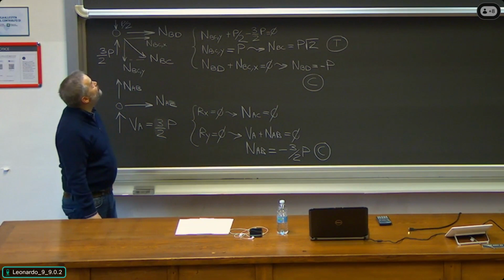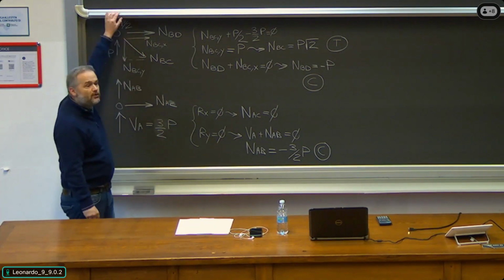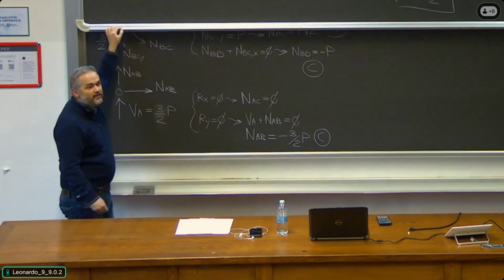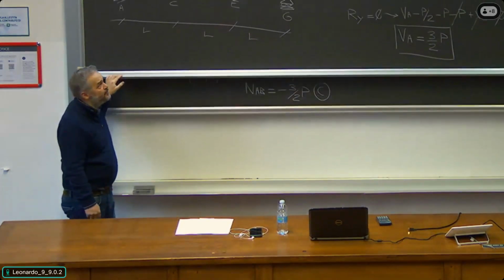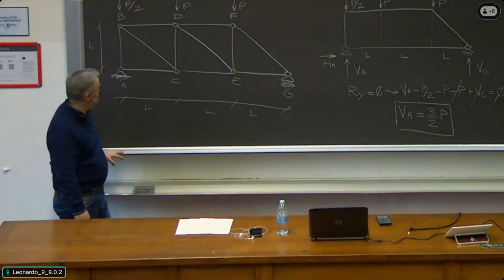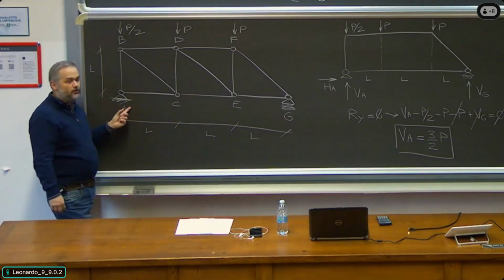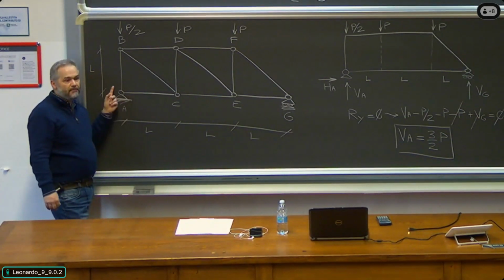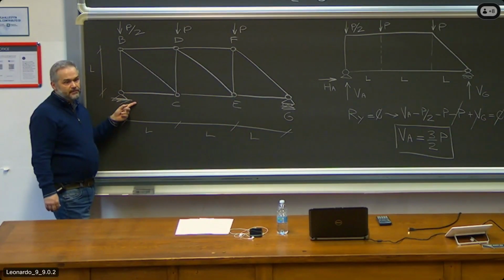Now, how do we move in our structure? The wise choice is always to go from nodes with fewer members converging in them, looking at the unknowns. I started off from node A, where we had only 2 members, and this is why I could solve it immediately.